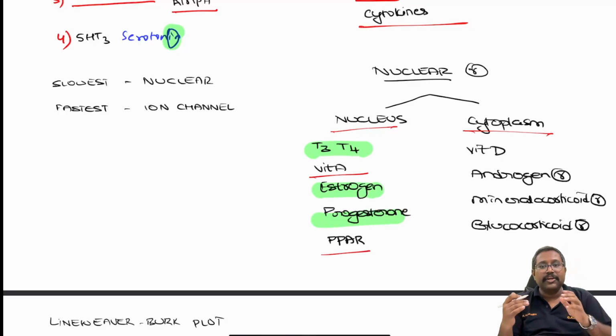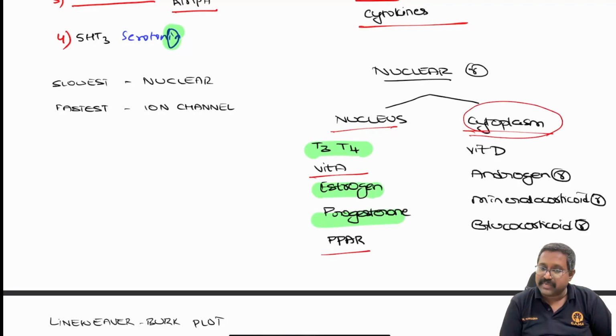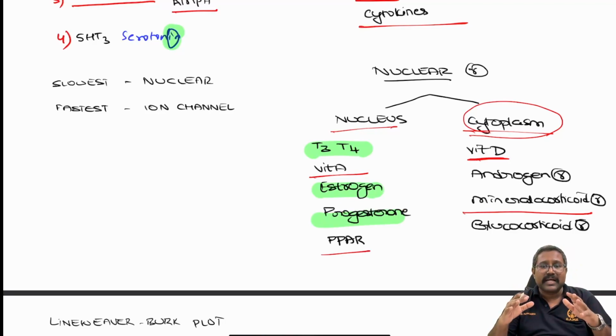A under nuclear receptors. If they ask about cytoplasmic, you need to quote the examples of vitamin D as well as the corticosteroids, that is, both the mineralocorticosteroids and the glucocorticosteroids are classified under the cytoplasmic receptors. So the nuclear receptors can be divided into nucleus and cytoplasm.